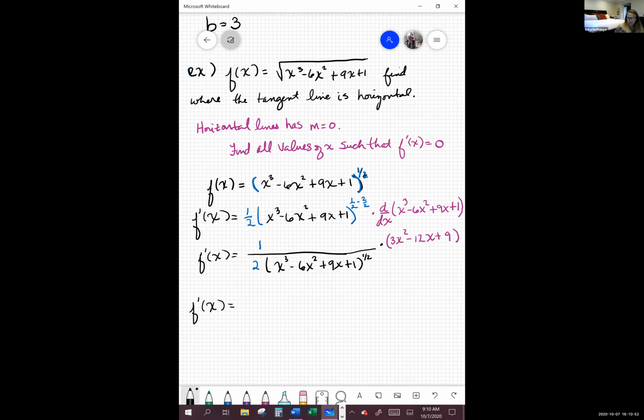So 1 times that derivative of the inside is the derivative of the inside, 3x squared minus 12x plus 9, all over 2, and I can rewrite the 1/2 power as a square root of this x cubed minus 6x squared plus 9x plus 1.